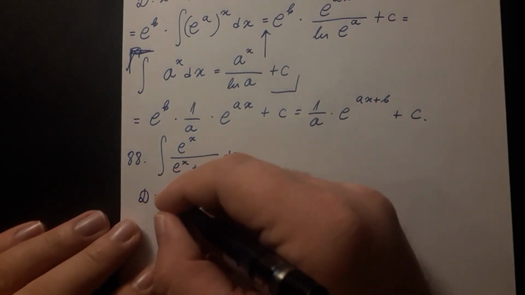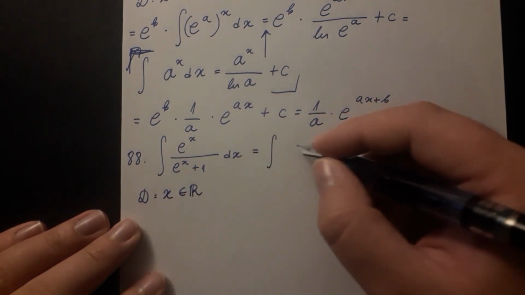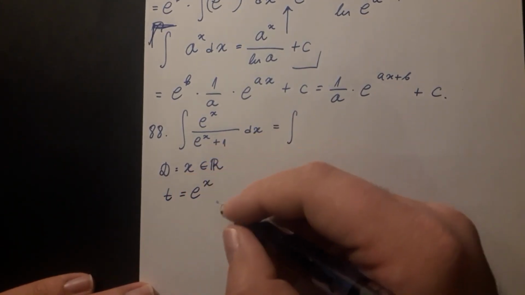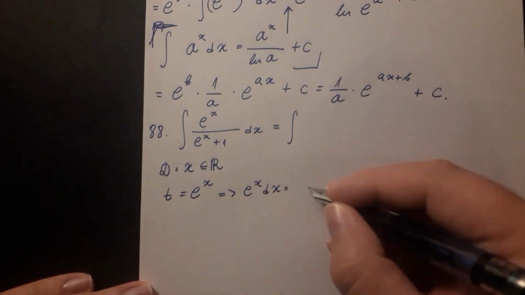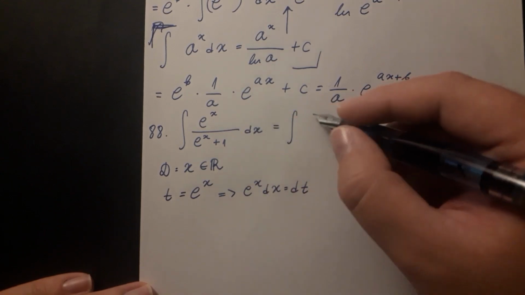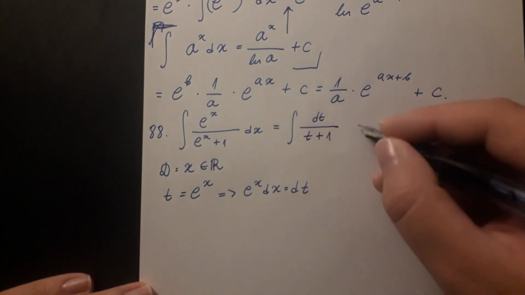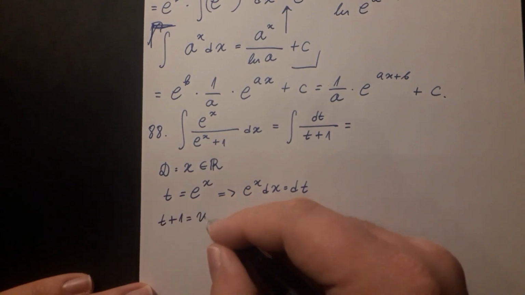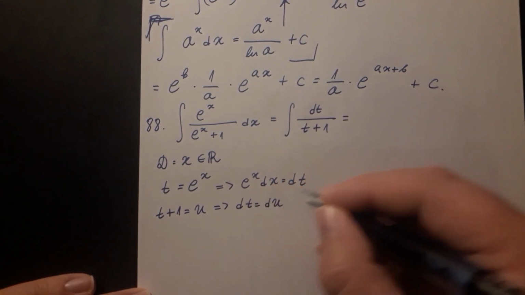This integral is defined for all x which are real numbers, and it is equal to an integral. Well, we can introduce the substitution t equals e to the power x, and then e to the power x dx is equal to the differential of t. That means that e to the power x dx is dt, and e to the power x plus 1 is t plus 1. By introducing the substitution t plus 1 equals u, we get that the differential of t is equal to the differential of u.